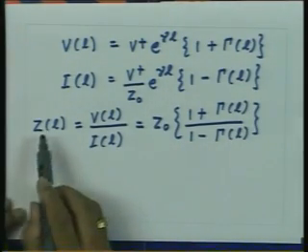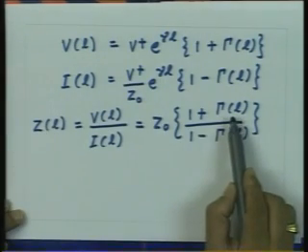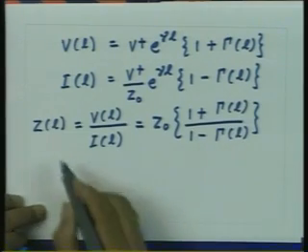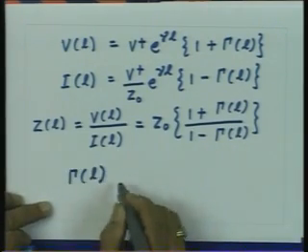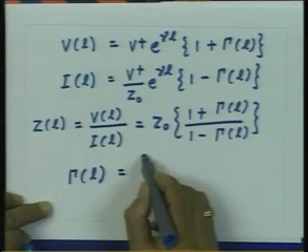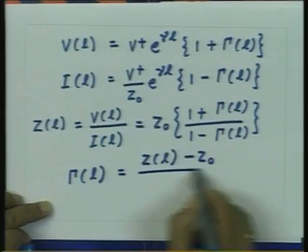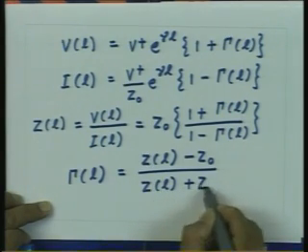So, the impedance at any location on the transmission line is related to the reflection coefficient at that location on the transmission line. Inverting the relation, we can get the reflection coefficient at any point on the line, that is equal to Z at that location minus Z0 divided by Z at that location plus Z0.